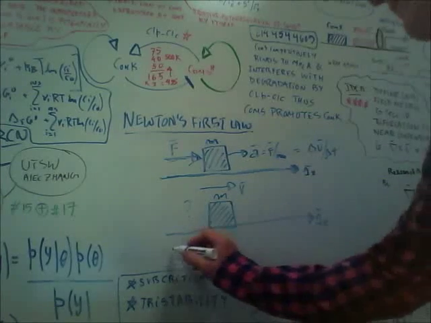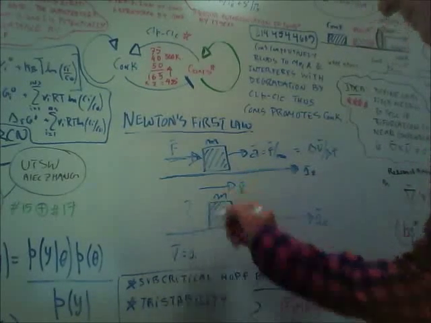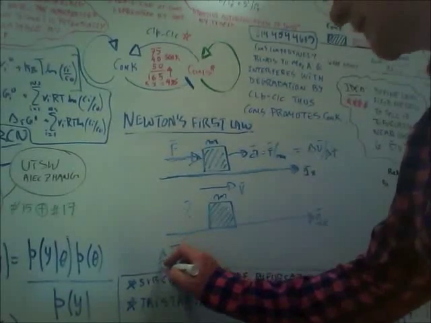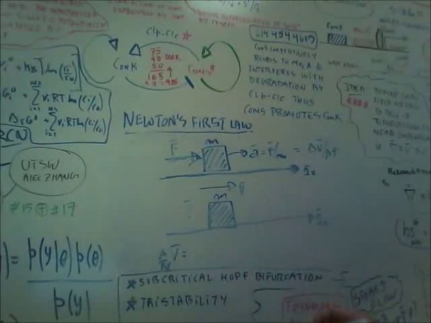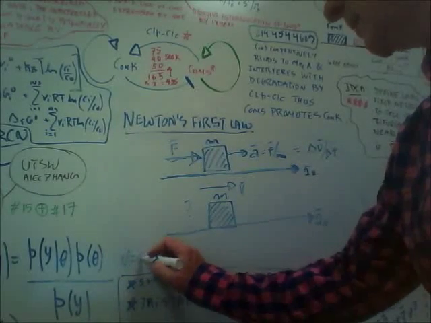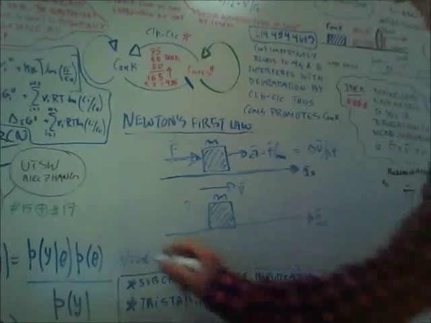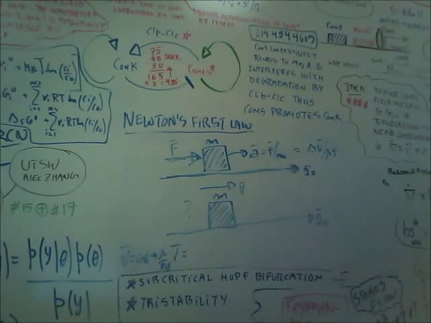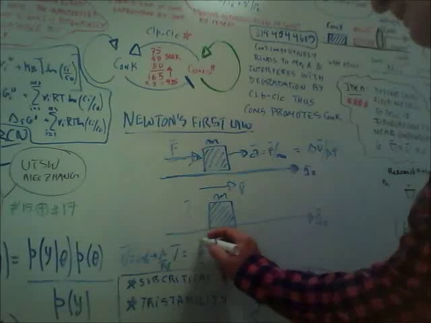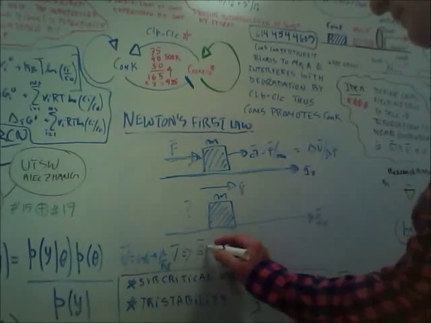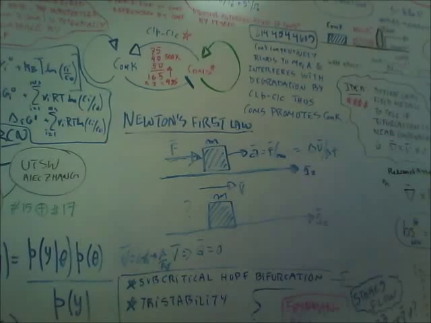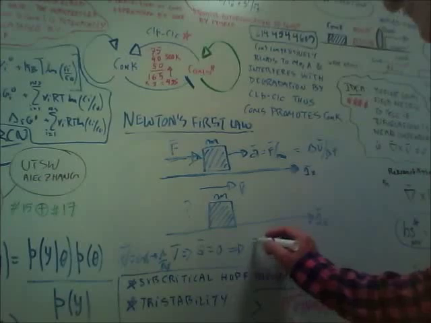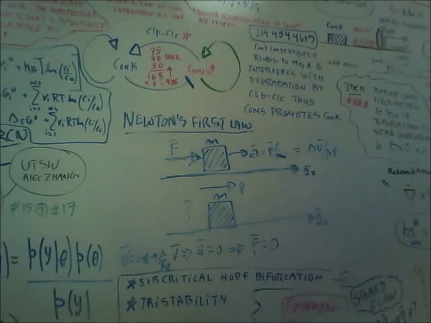Well, if delta v over delta t is equal to 0, that is, v is constant, then the acceleration is equal to 0. And if the acceleration is equal to 0, this means that the force acting on it is equal to 0.